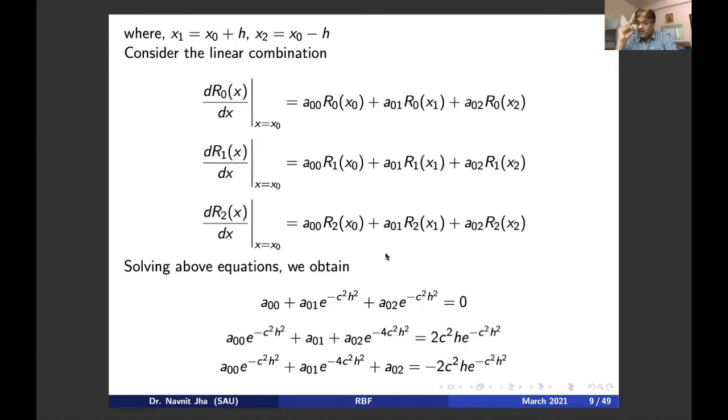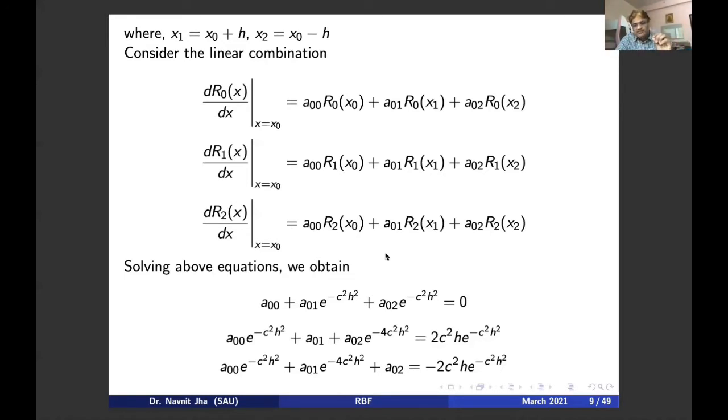Another grid point is next to x0, and plus A02 R0 x2. So basically, in the first equation, what I did is I have taken a linear combination of radial basis function values at different points.